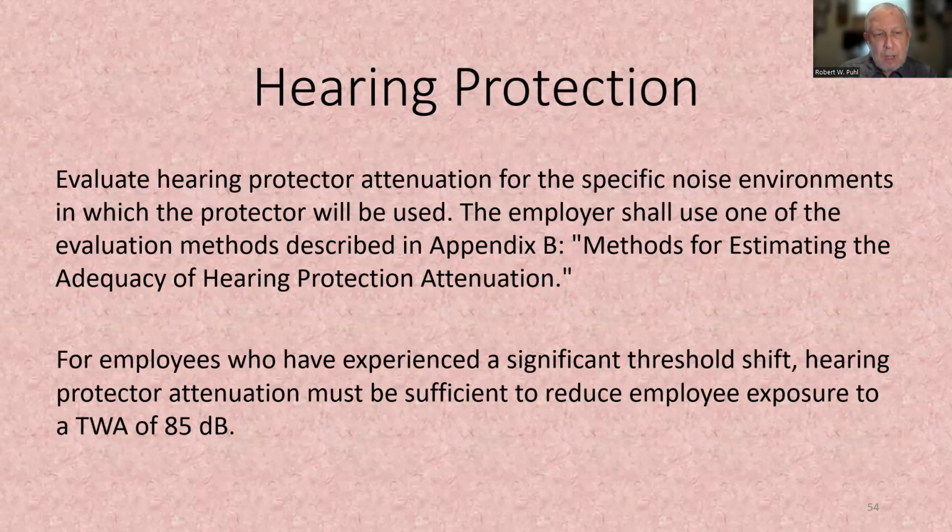The employer shall use one of the evaluation methods described in Appendix B, which we'll talk about in a separate real short video, methods for estimating the adequacy of hearing protector attenuation. For employees who have experienced a standard threshold shift, hearing protector attenuation must be sufficient to reduce employee exposure to a TWA of 85 decibels.